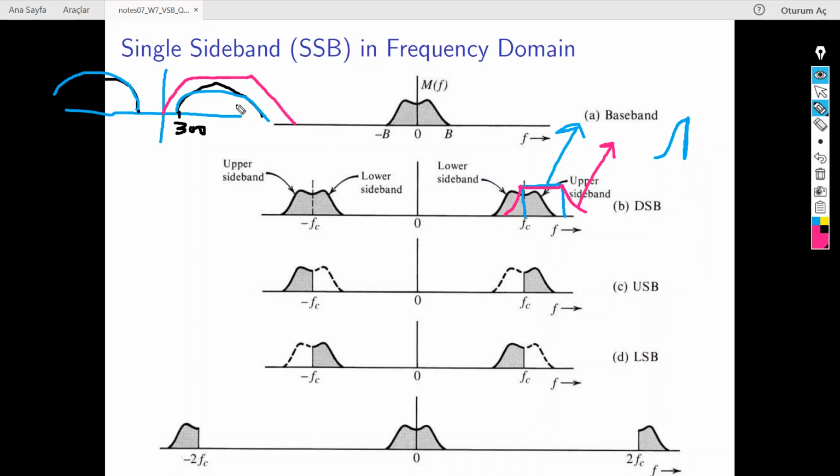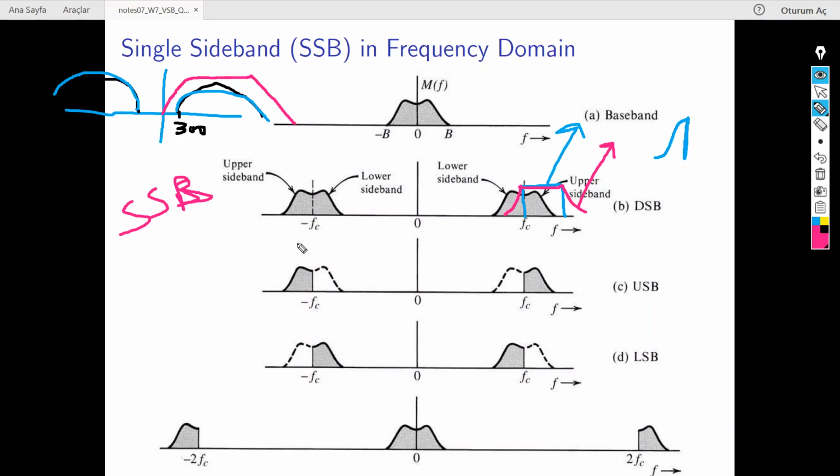So practically, single sideband can be used only for audio signals, or for any signal that does not start from zero. But in images and videos, the frequency spectrum of most of these signals starts from zero. And for that reason, we cannot use single sideband for image or video.